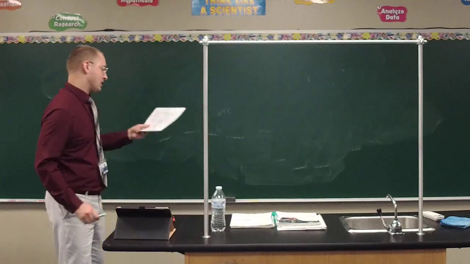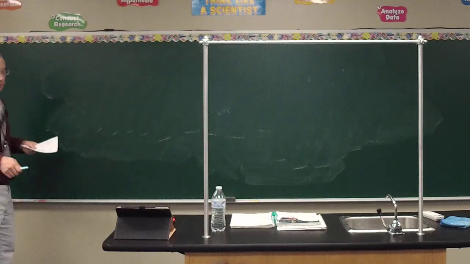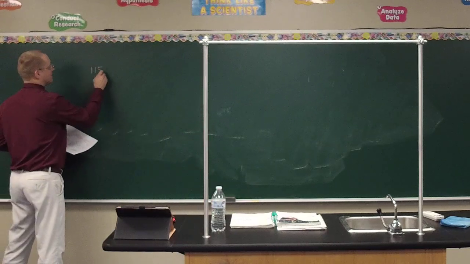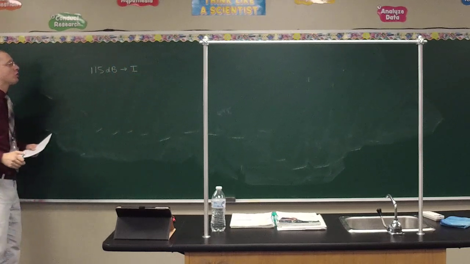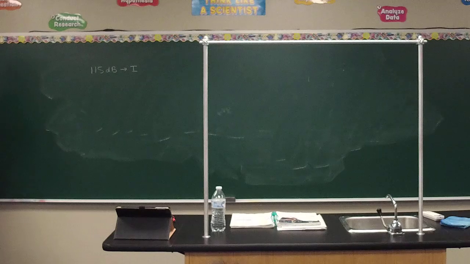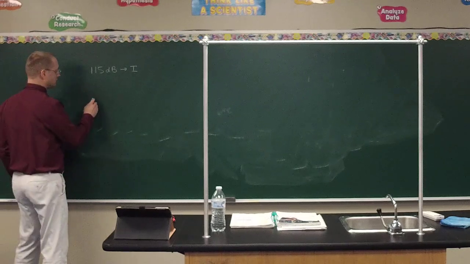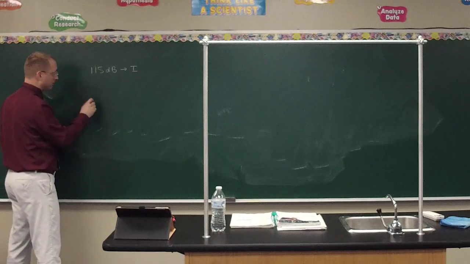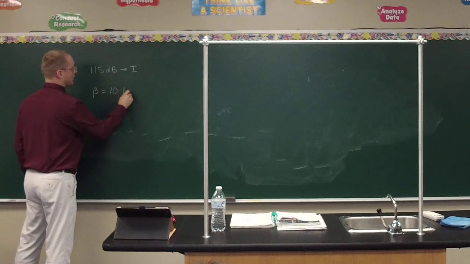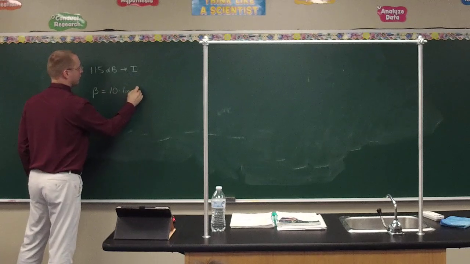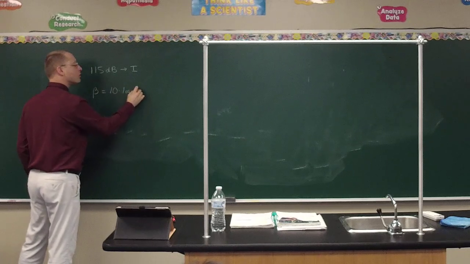All right, so first things first, we can't use the 115 decibels. So we're going to take 115 decibels and convert that into intensity. What's the equation we use to relate loudness and intensity? Kendall? Is it beta equals 10 times log of I over something?